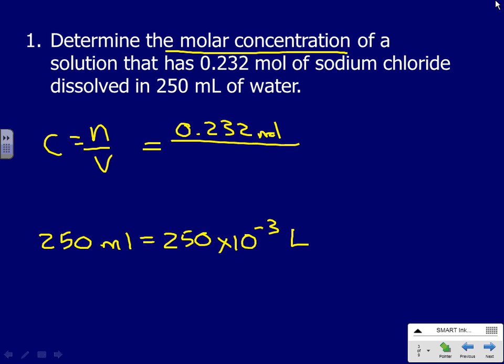You could put 250 times 10 to the minus 3, but whenever you've got times 10 to the minus 3, what ends up having to be done is you're going to move the decimal place to the left 3 spaces, because you're making it times 10 to the minus 3. It's like you're dividing by 1,000, or you're multiplying it by 1,000th. All right? So I really suggest that you just get into the groove of moving that decimal place over. 0.250 liters.